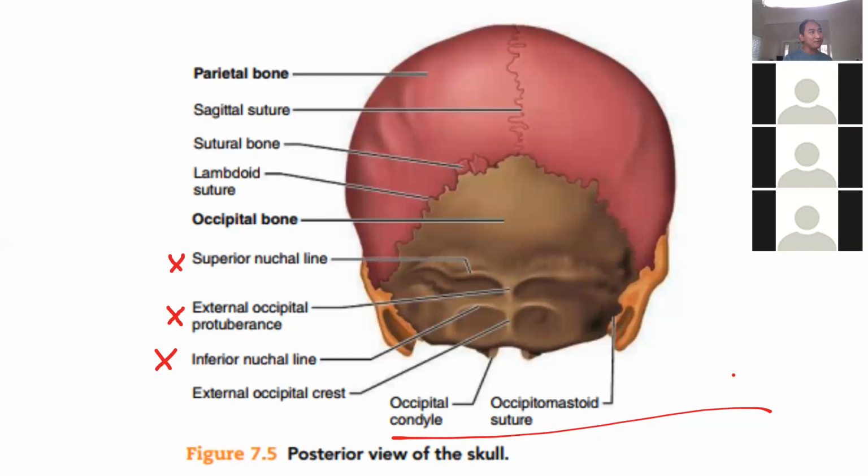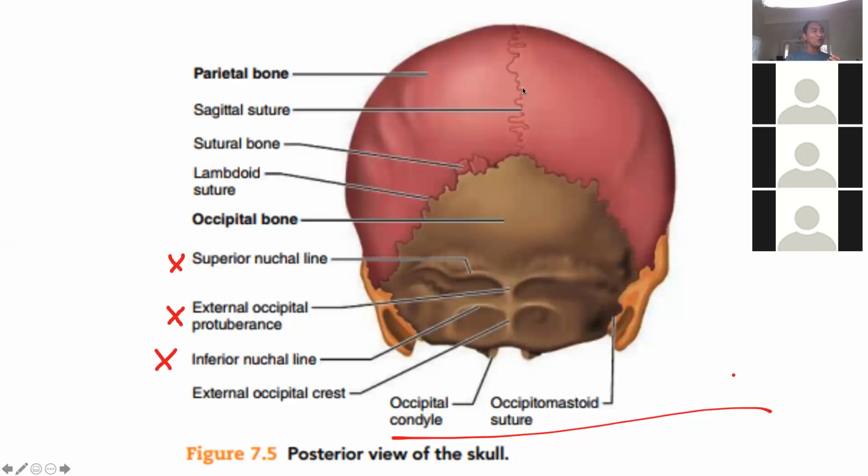So this is left parietal, and this is right parietal, sagittal suture. And the suture between the occipital bone and the parietal bone is called lambdoid suture. Lambdoid suture, that name you have to swallow a little bit, but every bone we can appreciate now the suture.